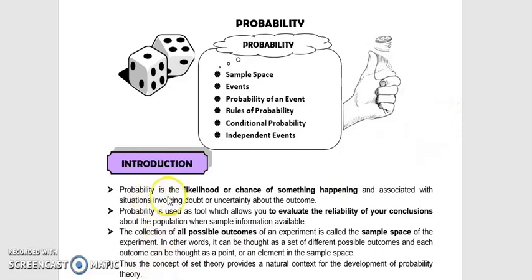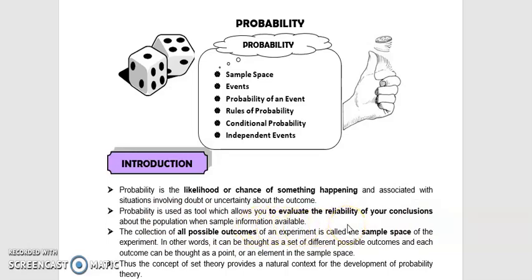Probability is the likelihood, or we can say that it is a chance of something happening, and associated with situations involving doubt or uncertainty about the outcome. Probability is used as a tool which allows you to evaluate the reliability of your conclusions about the population when sample information is available.